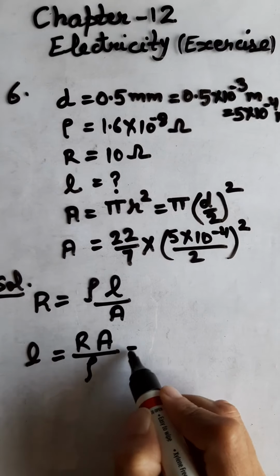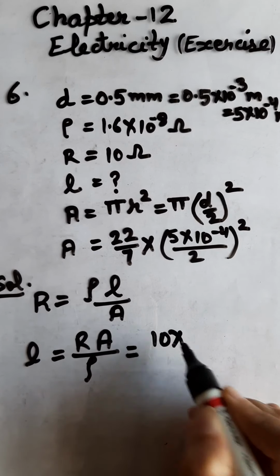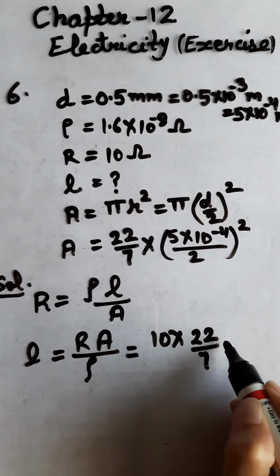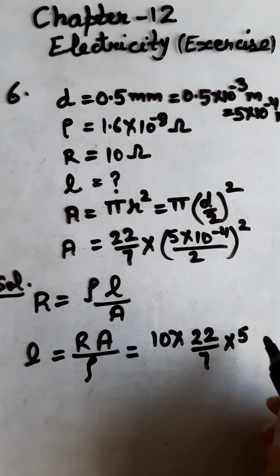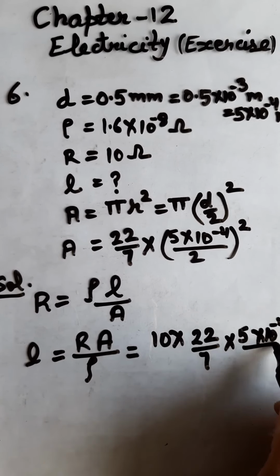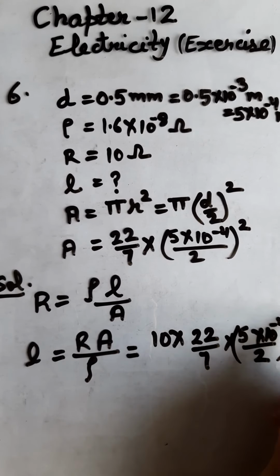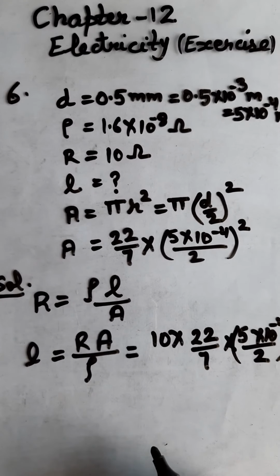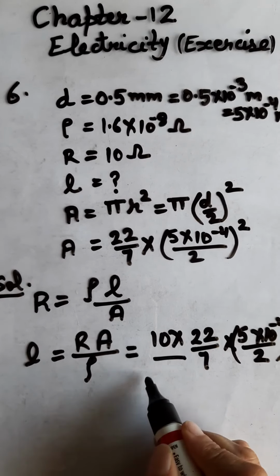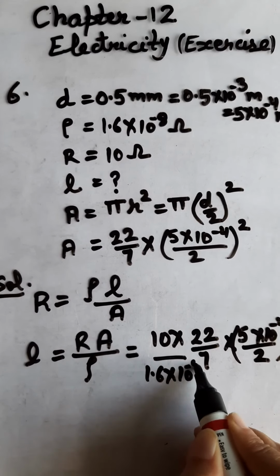Now put the values. R is 10, A is 22 by 7 into 5 into 10 to the power minus 4 by 2, whole square, divided by rho. Rho is 1.6 into 10 to the power minus 8.